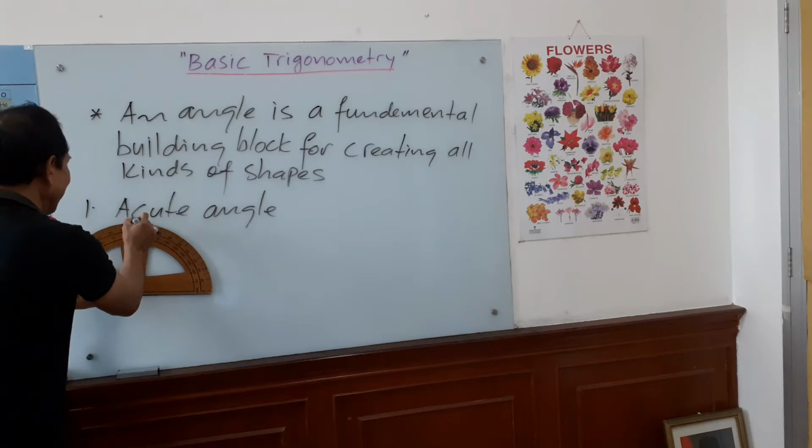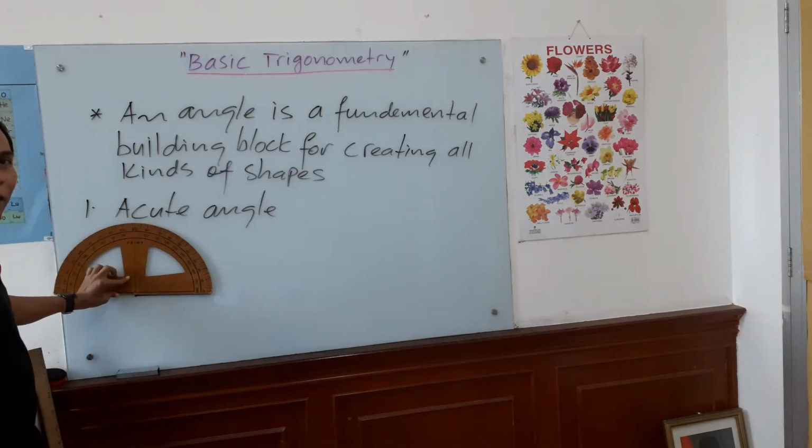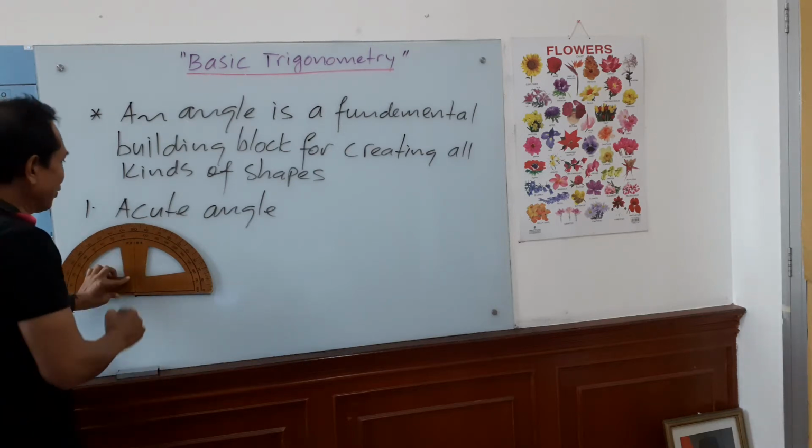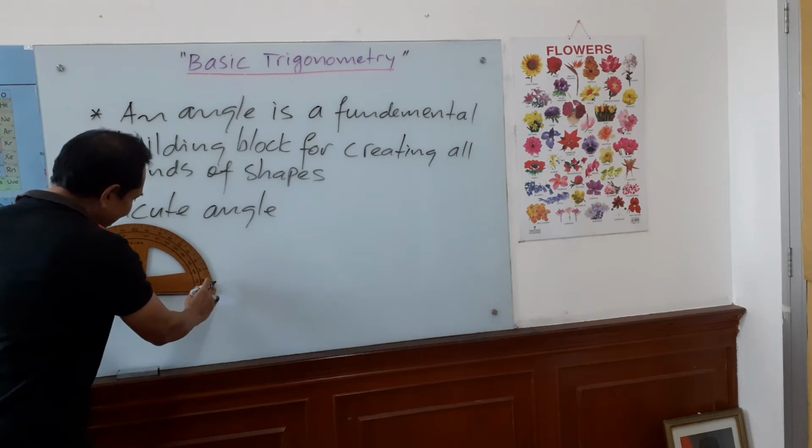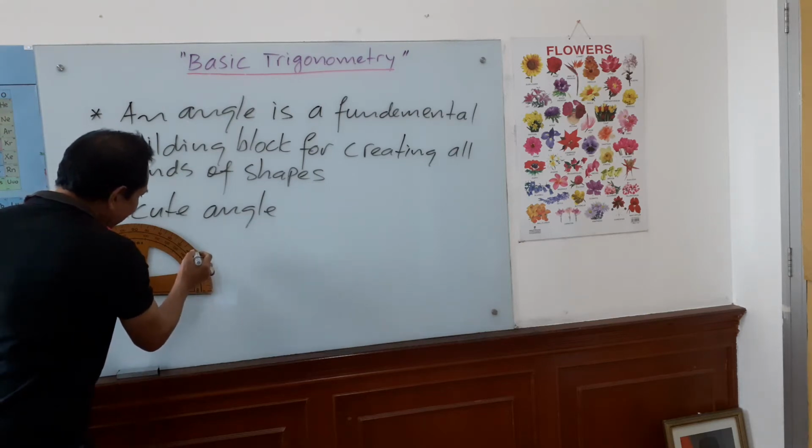Now, if we take this point here, it is exactly 90 degrees, so it shouldn't be an acute angle. So we make it smaller than 90 degrees. Let's take 50, no problem.